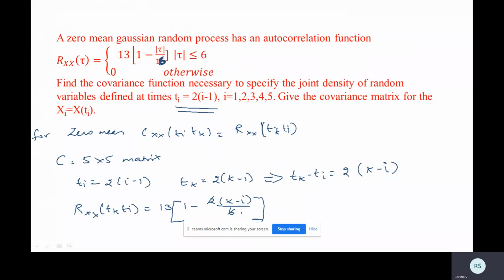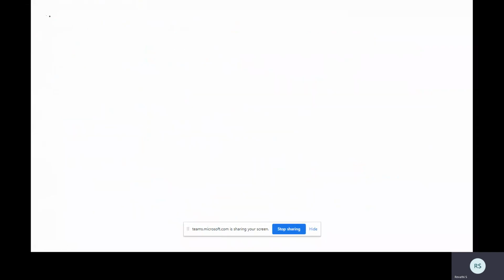Now this 2 and the 6 will get cancelled, so this becomes 3. So what is Cxx of Tk comma Ti? It is nothing but 13 times of 1 minus K minus I divided by 3.